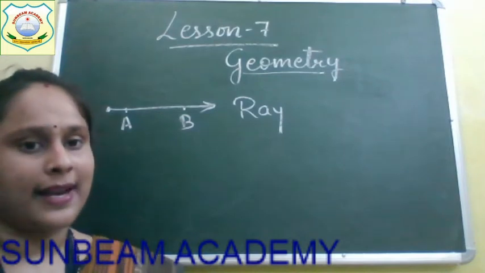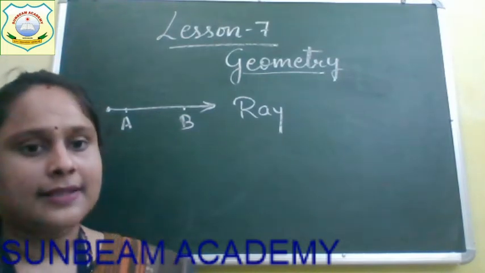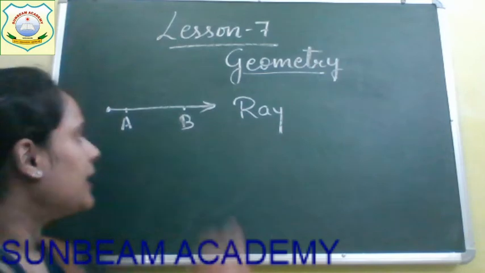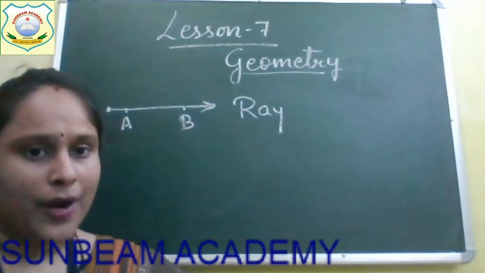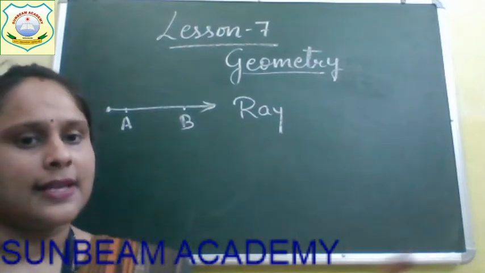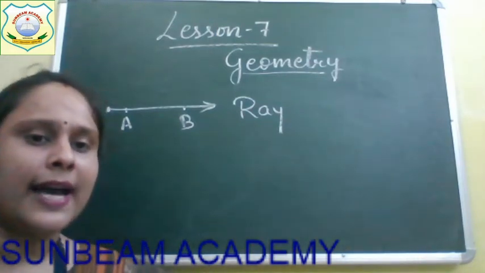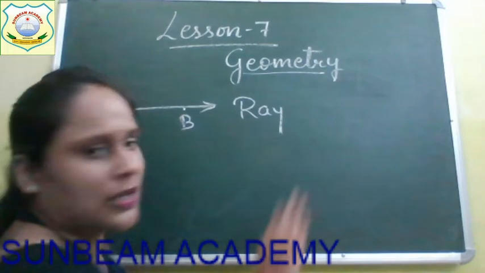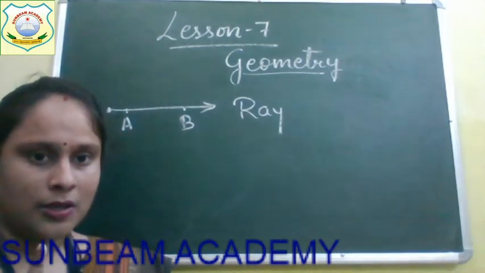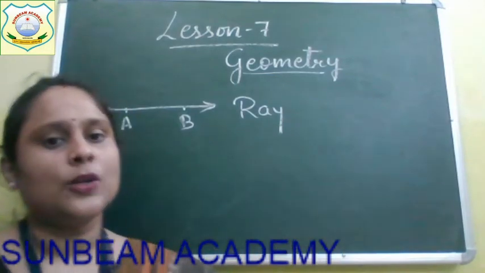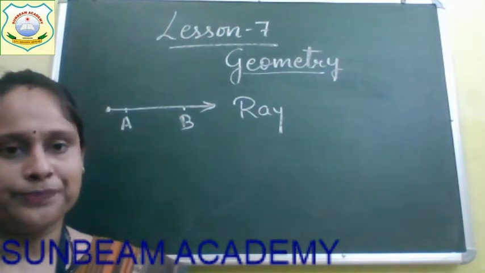So this is what a ray is. A ray can be extended in one direction. It has one endpoint. Okay, so it begins from an endpoint and it is long lasting. You can extend it in one direction. आप इसको एक तरफ जितना चाहो उतना बड़ा कर सकते हैं. It has only one endpoint and on one side you can extend it to any extent you want to.